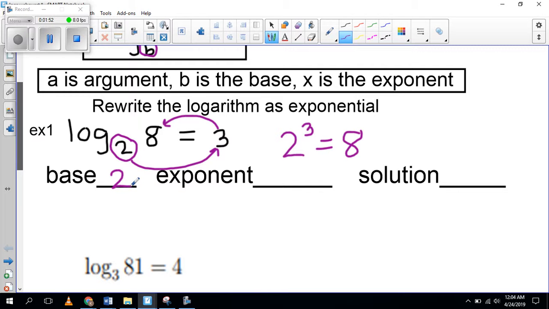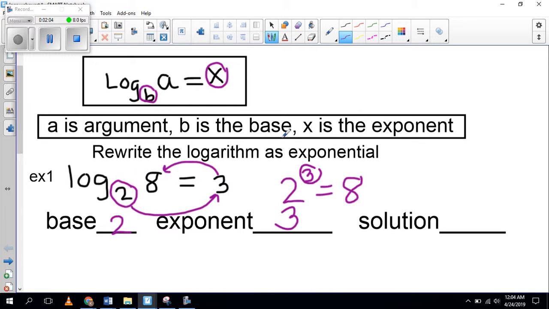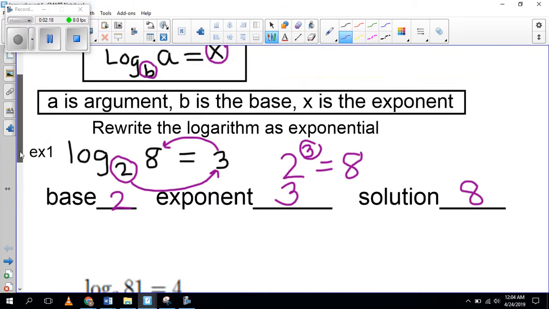Our exponent is whatever goes up in the air, which is 3. If we look up here, we can see that. The exponent was in the x position, so that should have been 3. And then our solution, which we call our a, is 8.